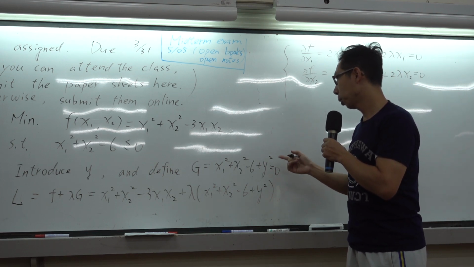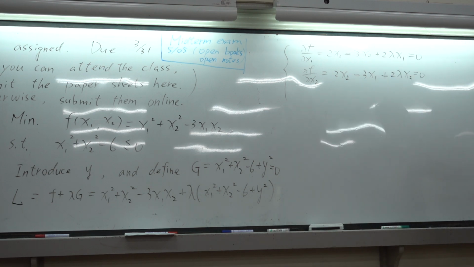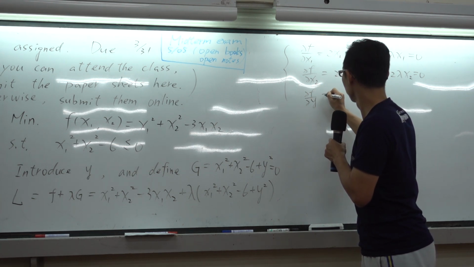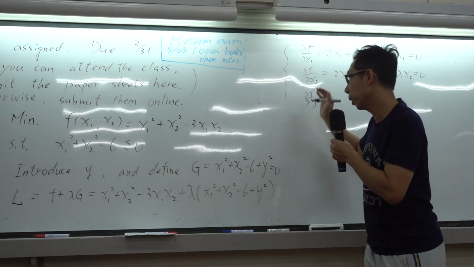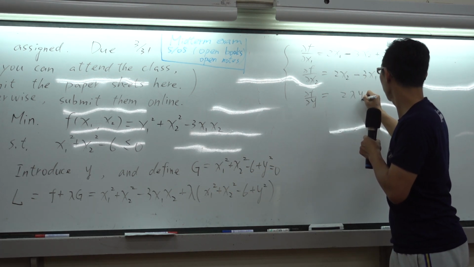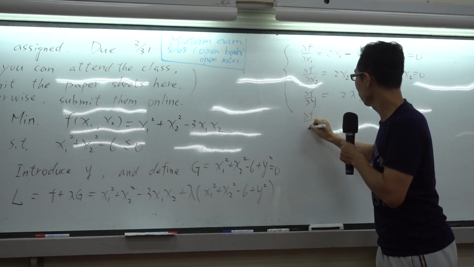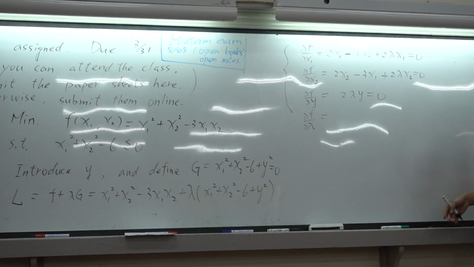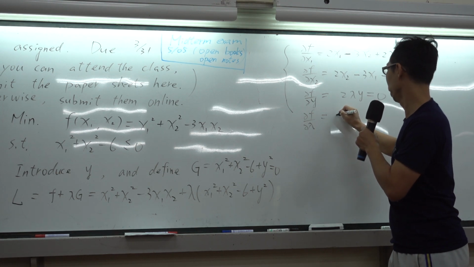And also partial derivative with respect to y, we only have 2 lambda y equals 0. And finally, take partial derivative with respect to lambda. The only thing left is the constraint.